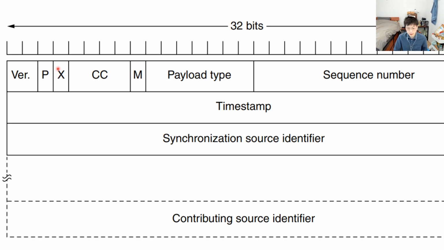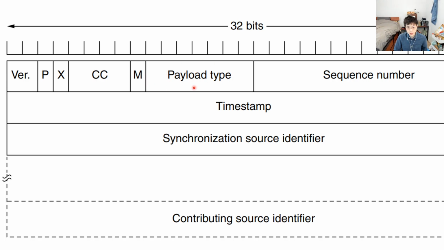The X bit indicates whether an extension header is present or not. The CC field is how many contributing sources are within this packet. The M bit is an application-specific bit, depending on whether the application uses it or not.